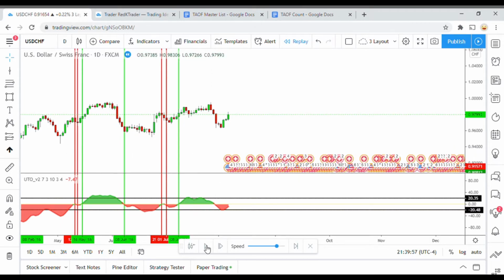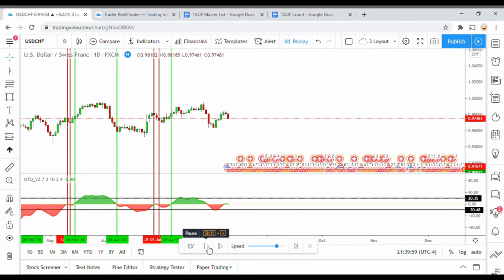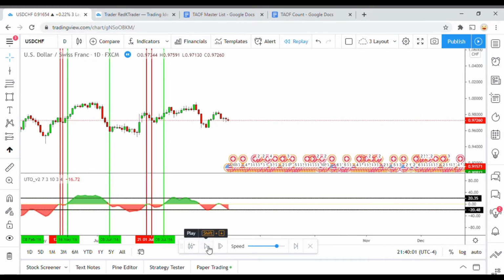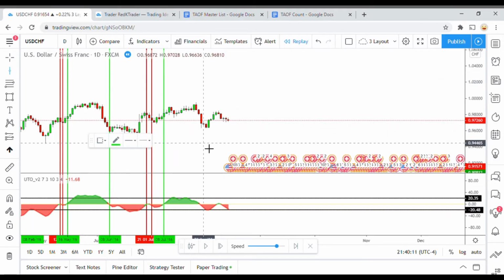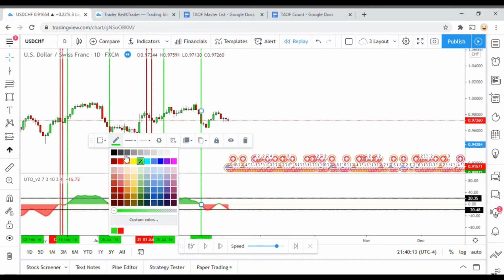Alright. That's a short right there. That one's not looking too good for us. Turned around and jammed itself back up pretty quick. And nope, didn't quite make it.